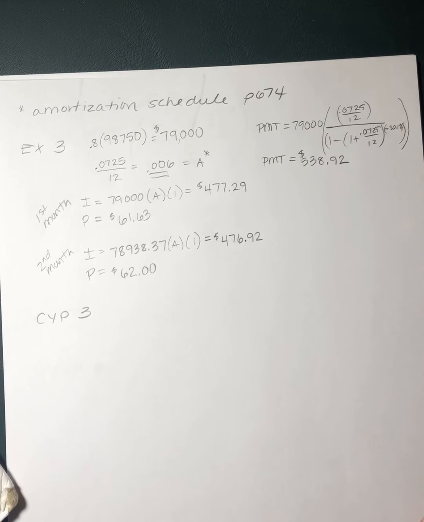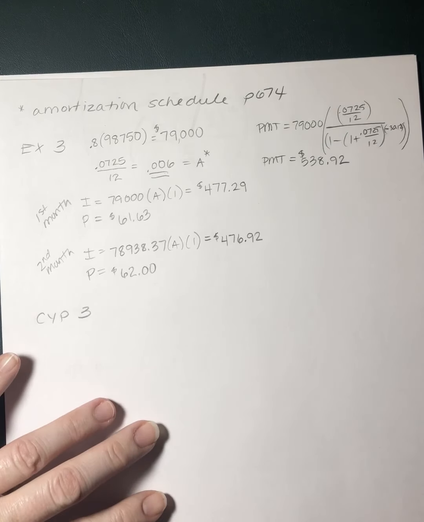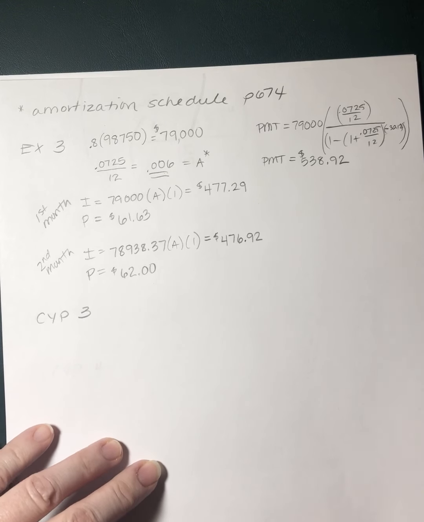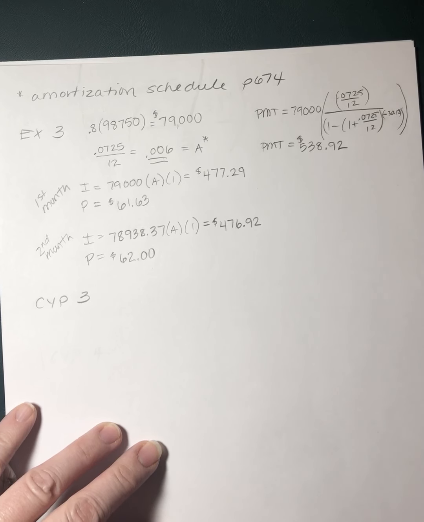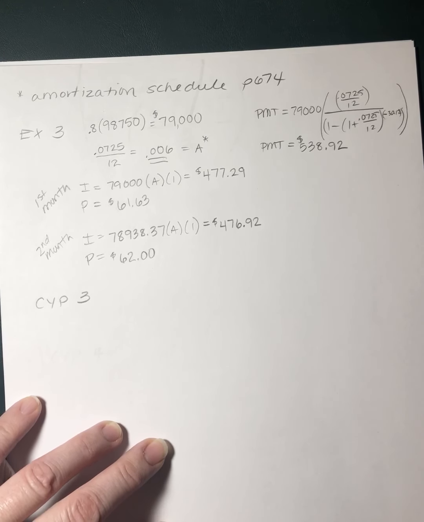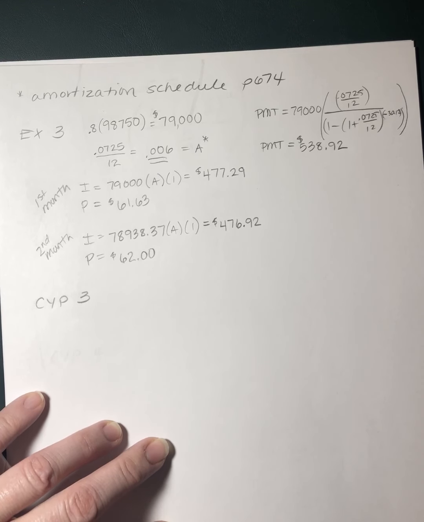All right, check your progress 3. You purchase a home for $295,000. You obtain a 30-year conventional mortgage at 6.75% after paying a down payment of 25% of the purchase price.